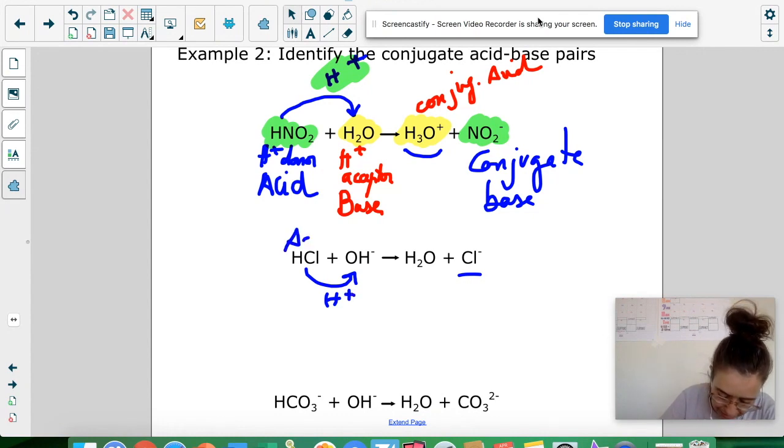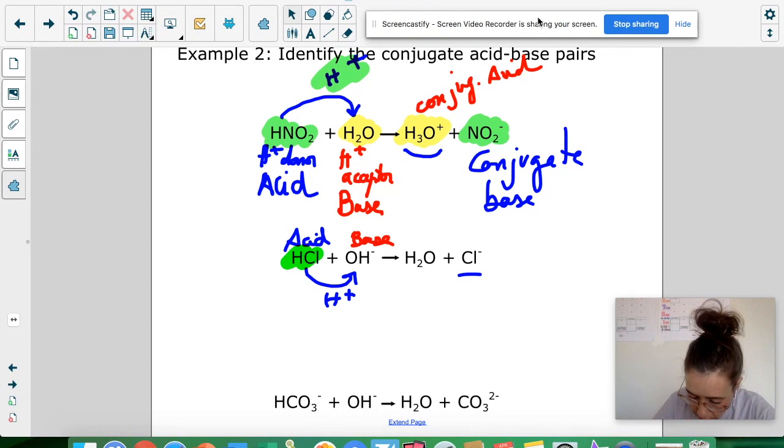The proton acceptor is going to be the base. So the OH negative is going to be the base. Now, when the proton donor loses the proton, it becomes, in this case, chloride, Cl negative. So that is what we call the conjugate base of that acid.